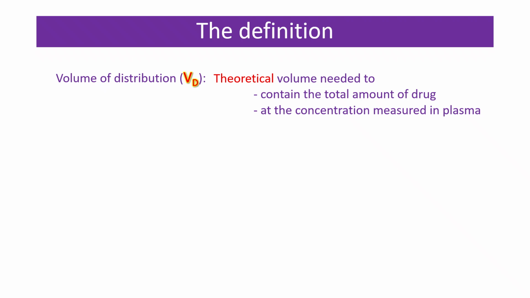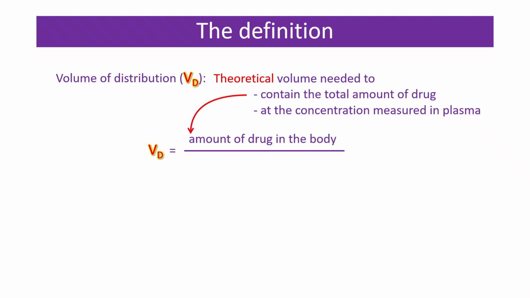It is defined by the equation Vd equals the amount of drug in the body divided by the plasma concentration of the drug.